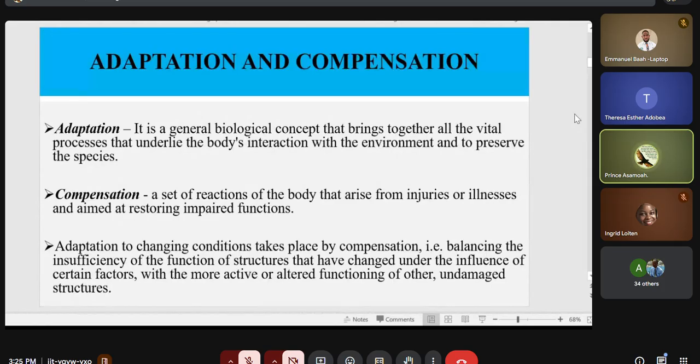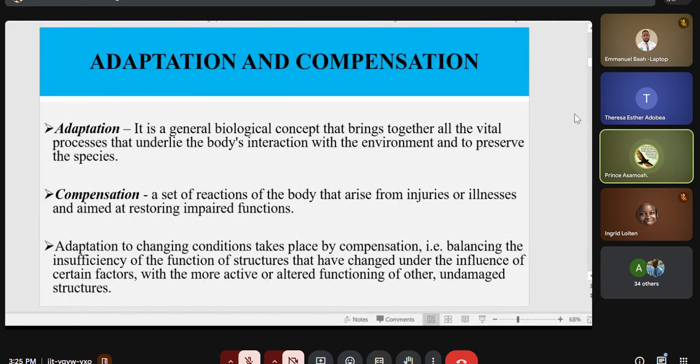So it must adapt. And that's the concept. The cell marshals all the vital processes within its might to resist death or injury. When that happens, you say that that cell is adapting, or that is cellular adaptation. That's the meaning of cellular adaptation.